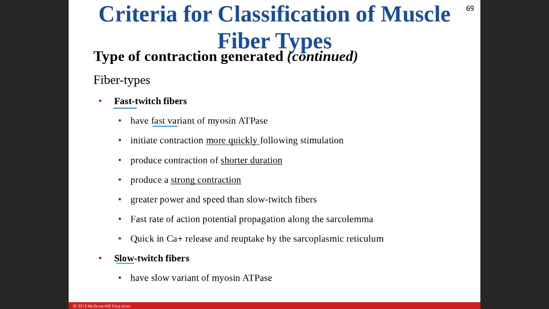So this is how quickly we can break down that ATP. Also, these types of contractions for these muscles will be shorter. The length of time that they last for will be shorter. But they will produce a relatively strong, forceful contraction.